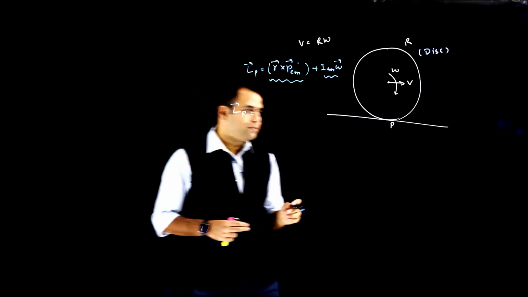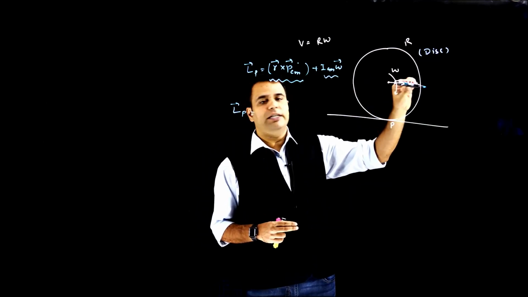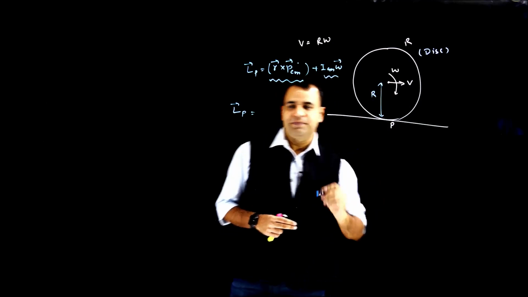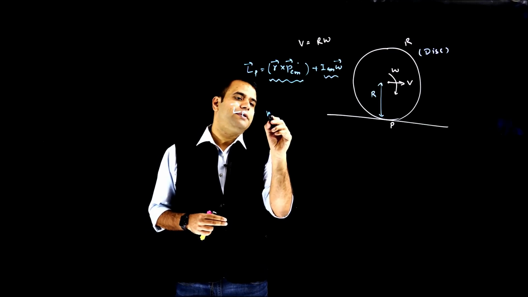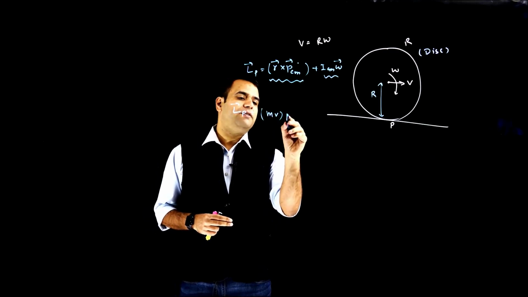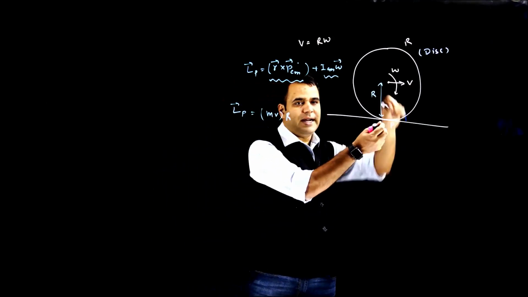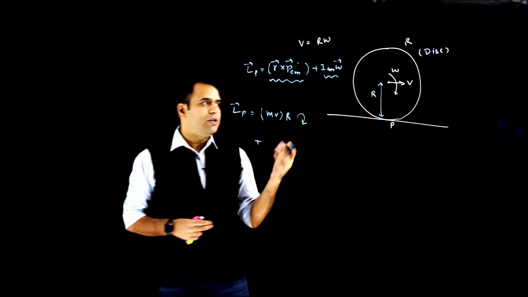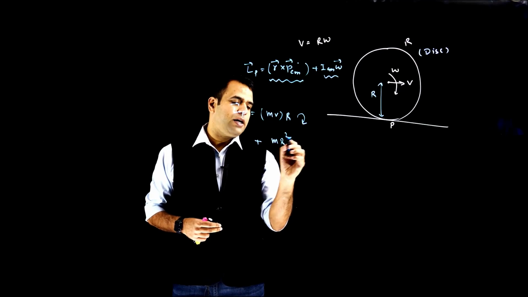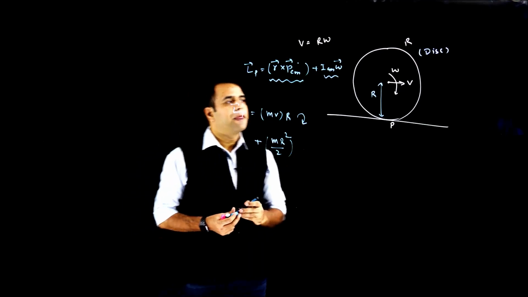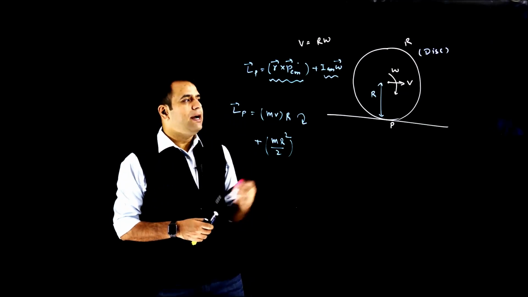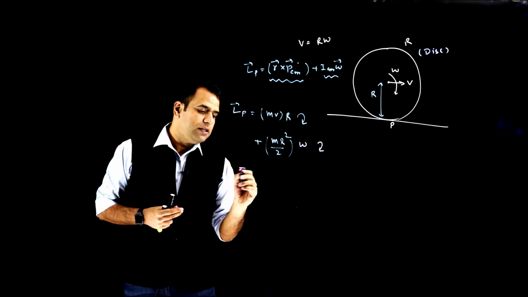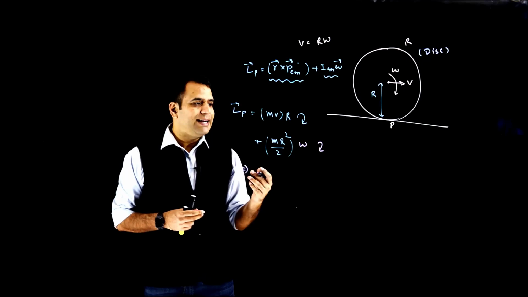Now let's calculate this. R cross P_CM: P_CM is in this direction and equals m times v, and the perpendicular distance is r. So that value equals m v multiplied with r, and the direction about the axis is clockwise. Plus I_CM, which for the disk is m r square by 2, multiplied with omega, and omega is given clockwise too. Both values are in the clockwise direction, so we can directly add them.